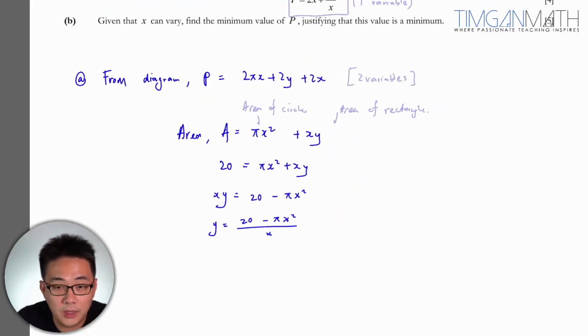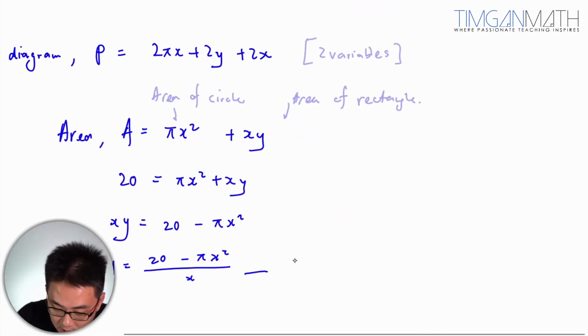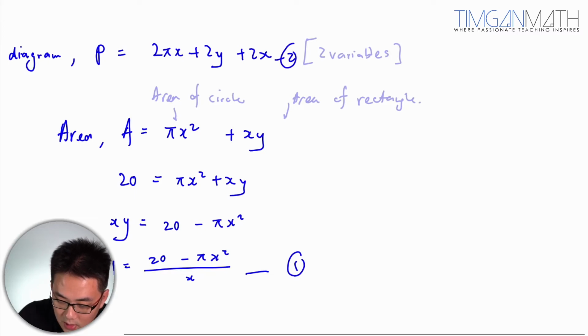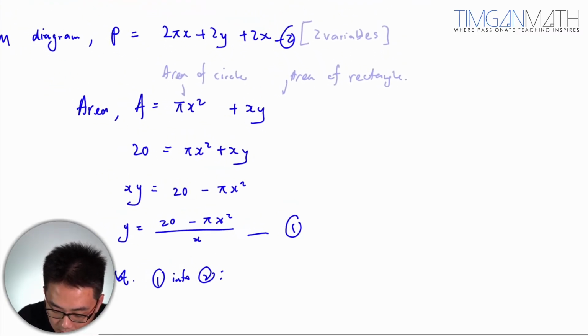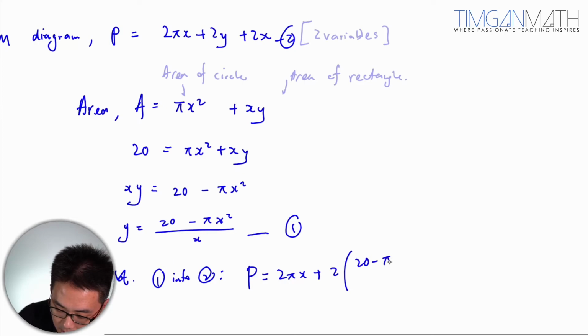Once this is done, I'm going to substitute 1 into 2. What I'm going to get is P = 2πx + 2(20 − πx²)/x, because this is 2y, plus 2x here.